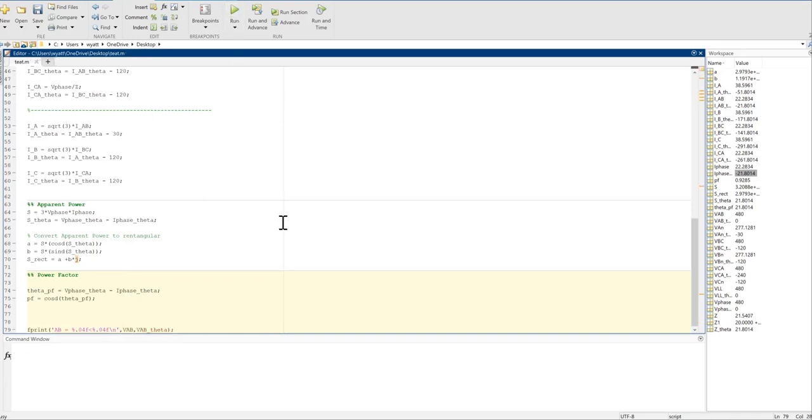Okay, so oops, I did forget to write the correct fprintf. There we go. Okay, so as we see, VAB is equal to.